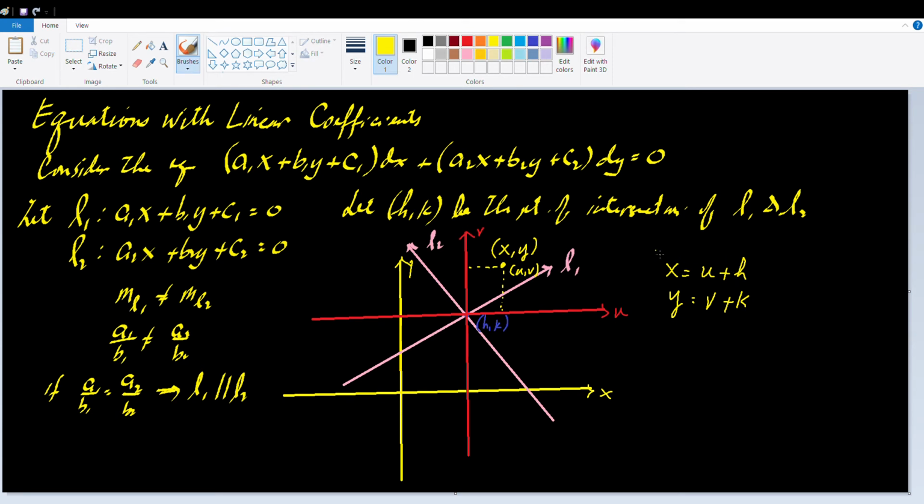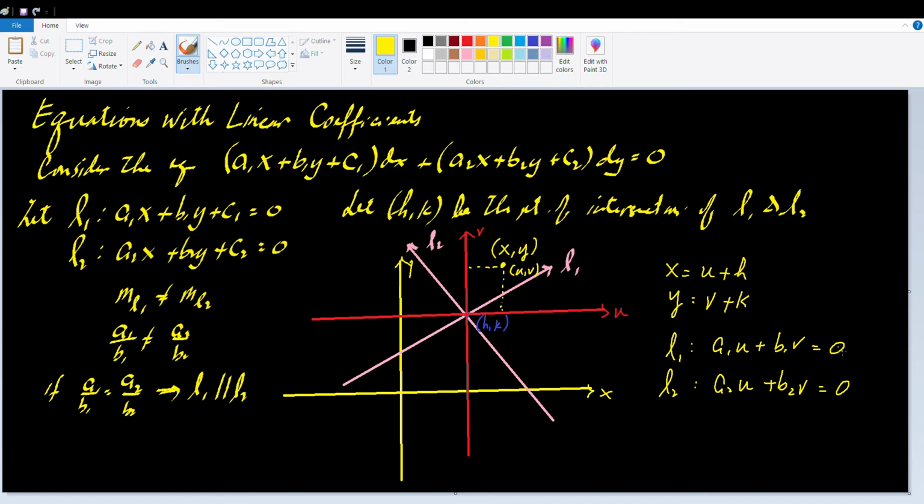Now, with this, the equations of the lines L1 and L2 in terms of u and v will become a1u + b1v = 0, and L2 is a2u + b2v = 0. With this translation of axes, we can simplify the equations of lines L1 and L2 in terms of u and v with no pure constants appearing in the equation.